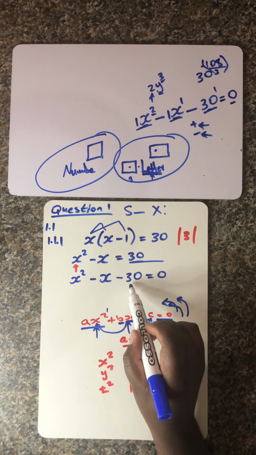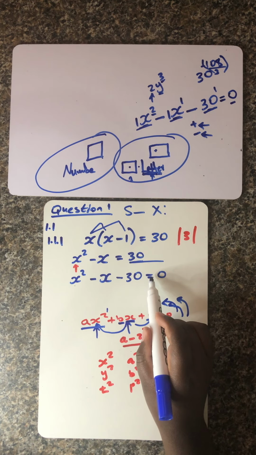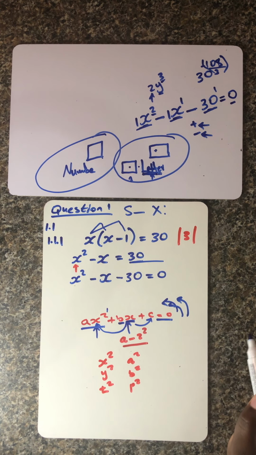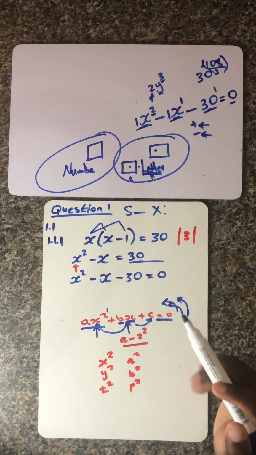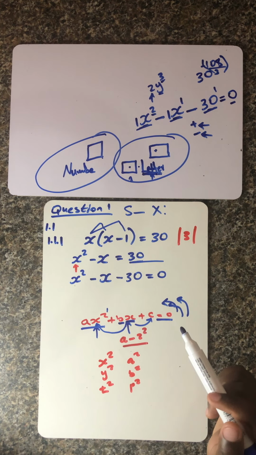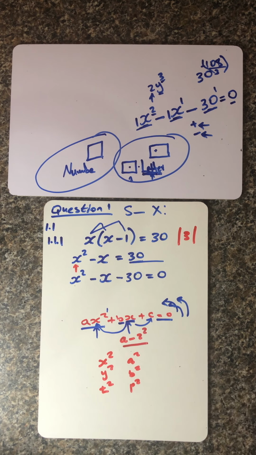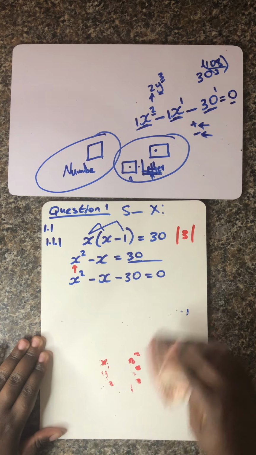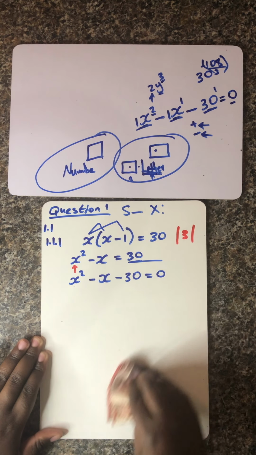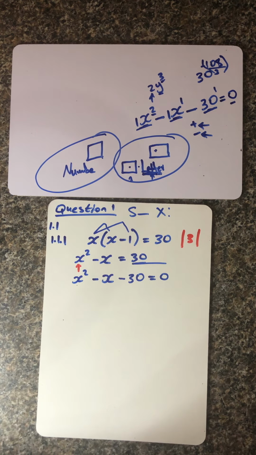Okay, you've got a number which is 30 and this is equated to 0. So that means you've got your equation in the standard form. Okay, ladies and gentlemen, that means you can now factorize. Okay, so I'll just remove all of this information and factorize. Very, very much important, ladies and gentlemen.